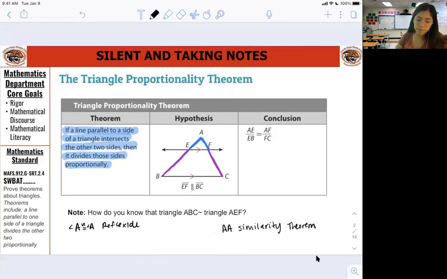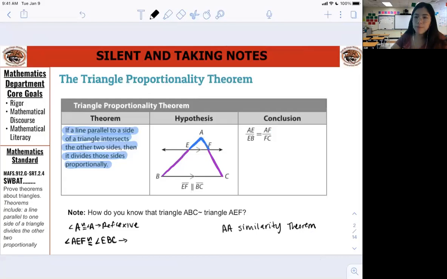And then, well, you guys are giving me side lengths. I need an angle. So give me three letters. AEF is congruent to ABC or EBC. Good. And how do we know that?